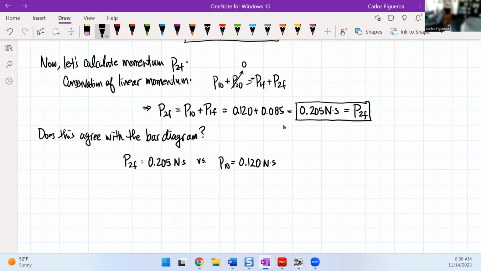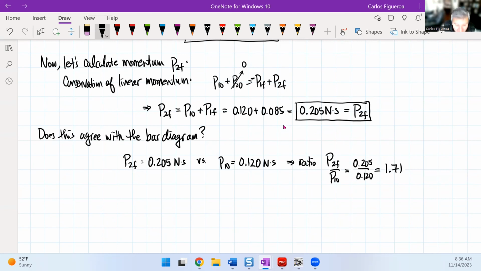So if I look at the ratio of the momentum of 2 plus what's coming in, this turns out to be 0.205 over 0.120, and this is 1.71.